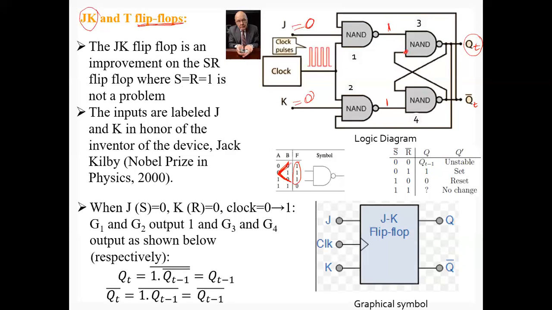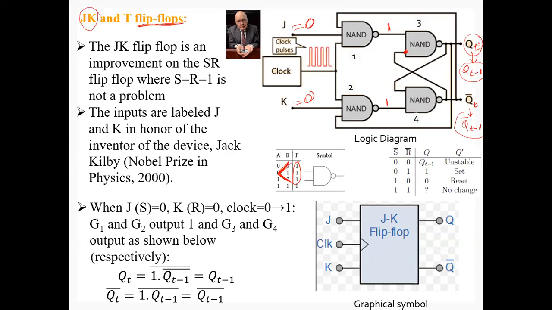What is the input of this guy? Before Q(t), what is the output here? Q(t) minus 1. Okay, so before Q(t), you had Q(t) minus 1 here. Before Q(t) bar, you had Q(t) minus 1 bar here.